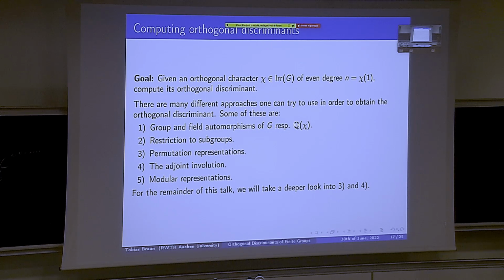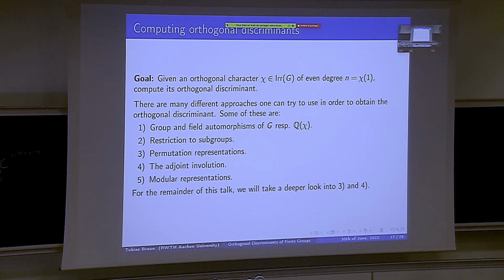And characters that lie in the same orbit under the operation of the automorphism group have the same orthogonal discriminant. That's just because if you imagine you have a representation for two characters that are conjugate under some automorphism of G, then basically the matrices involved in the images will be the same, because an automorphism just permutes group elements in some way, but doesn't affect the matrices in general. So they fix the same quadratic form.